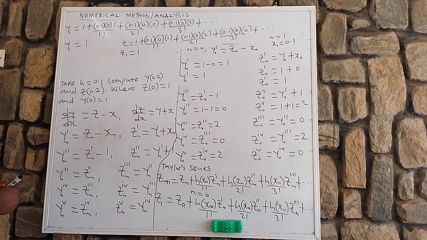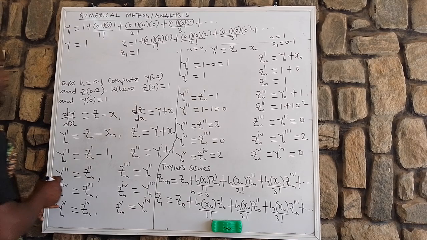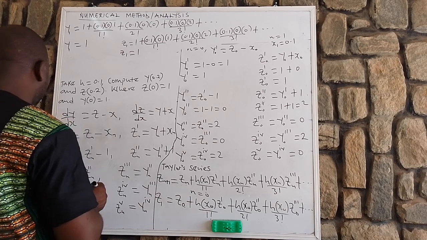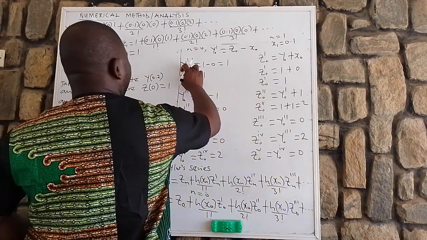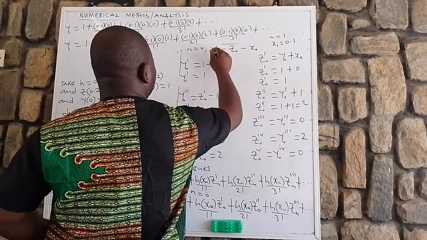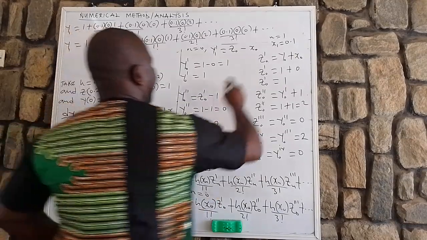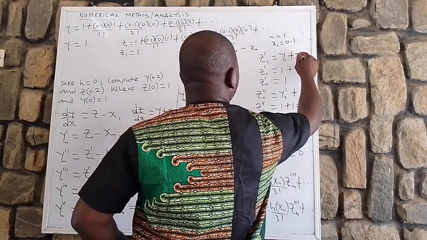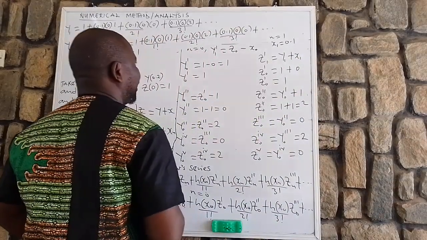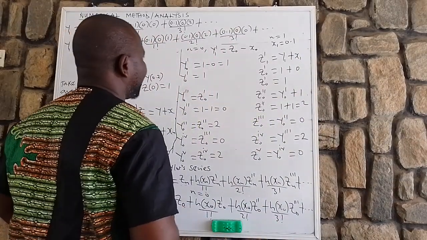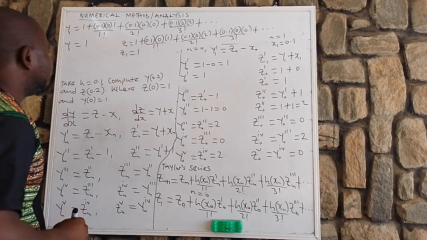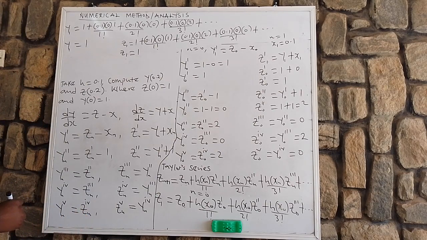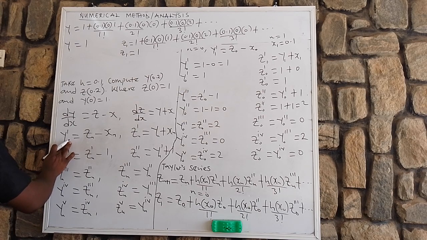When n equals 1, here will be 1, isn't it? Then here 2 will be 1, here 2 will be 1. So it will take us a long time to solve this problem.